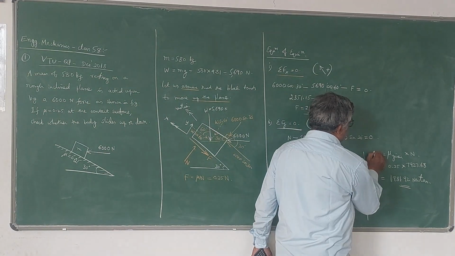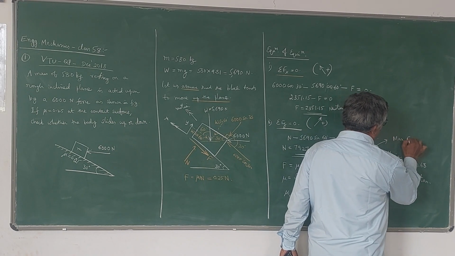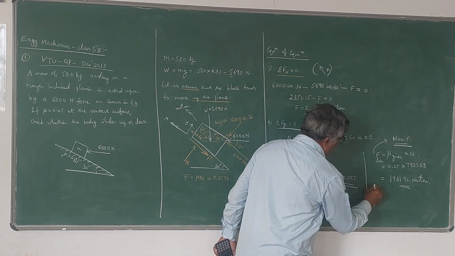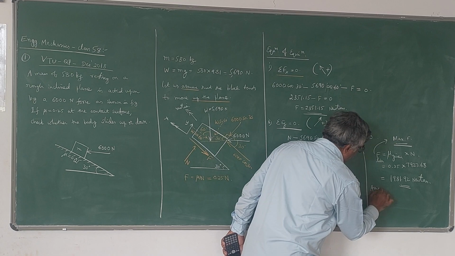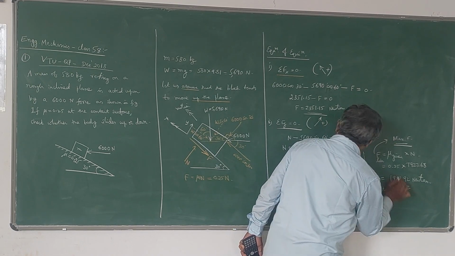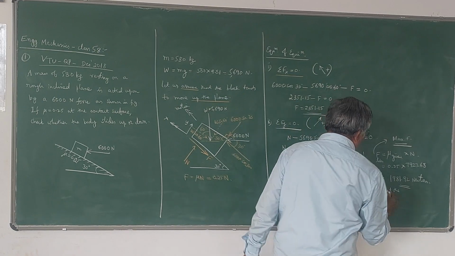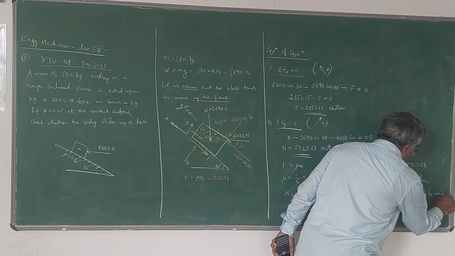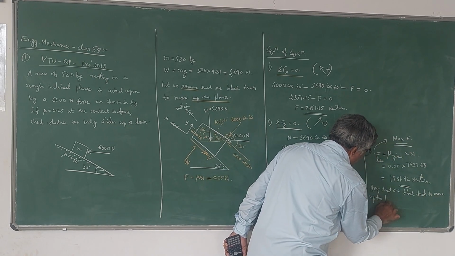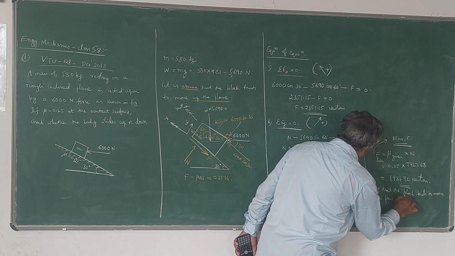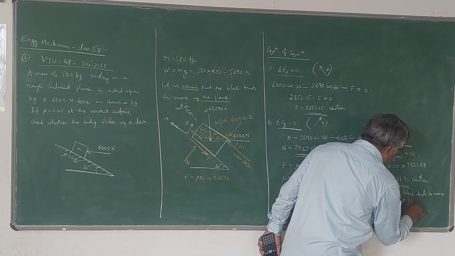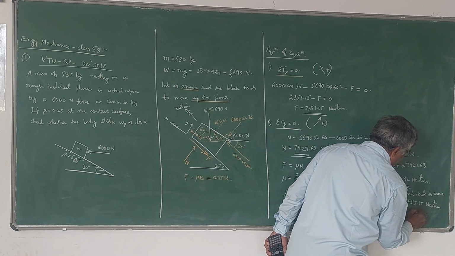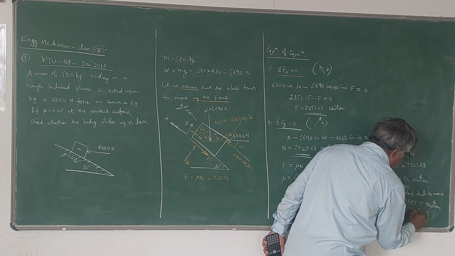So what you can get is that maximum F value. But here the F value obtained from the analysis is greater than this. Assuming that the block tends to move up the plane, we got F value as 2351.15 newtons. Actually, this value is greater than the maximum value.